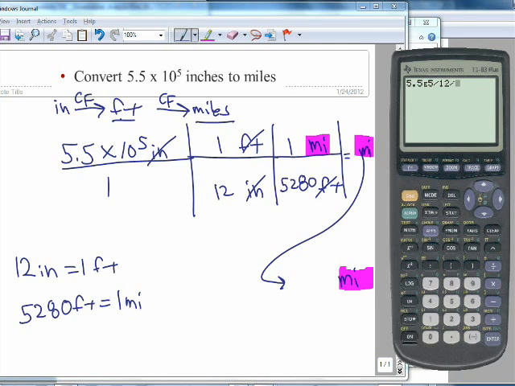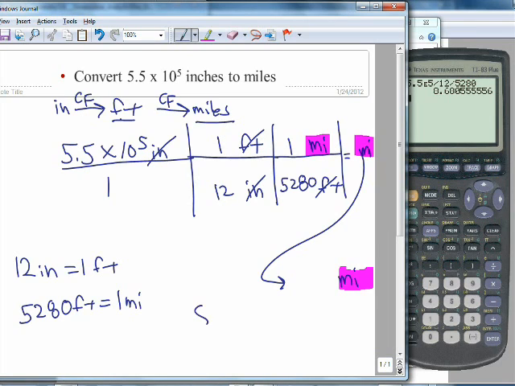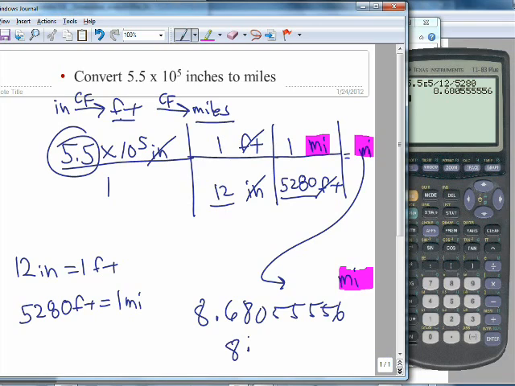And we get 8.680555556, etc. Now, how many sig figs? These are conversion factors, so it doesn't matter. There's 5.5 in our original measurement, so there are 2 sig figs. So we just have 8.7 miles, 2 sig figs.